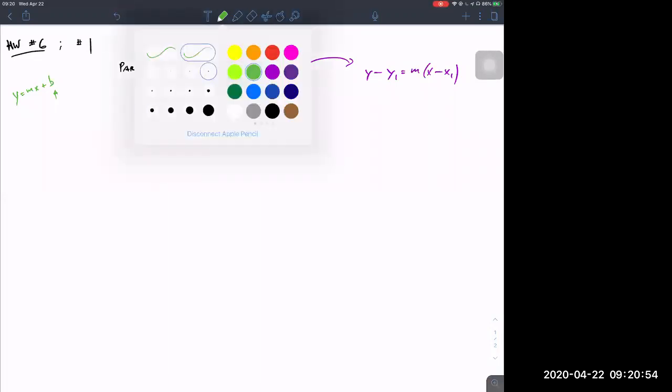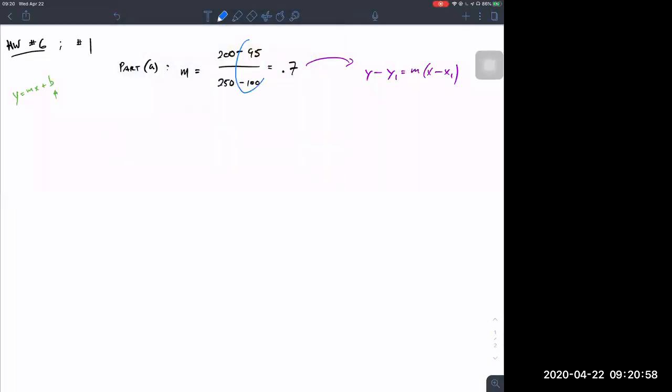So here I'm going to plug in these smaller points as well as the slope, right? So that goes here. 100 is there, and this one is here. So this implies that y minus 95 equals 0.7 times (x minus 100).